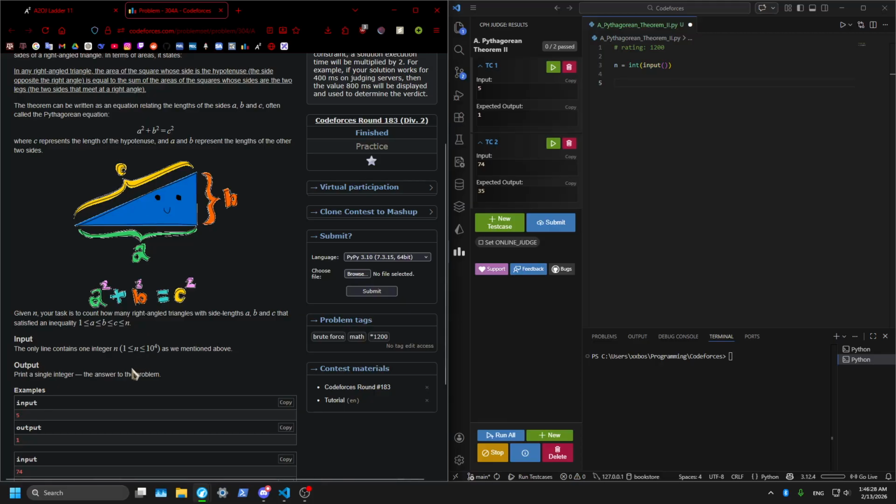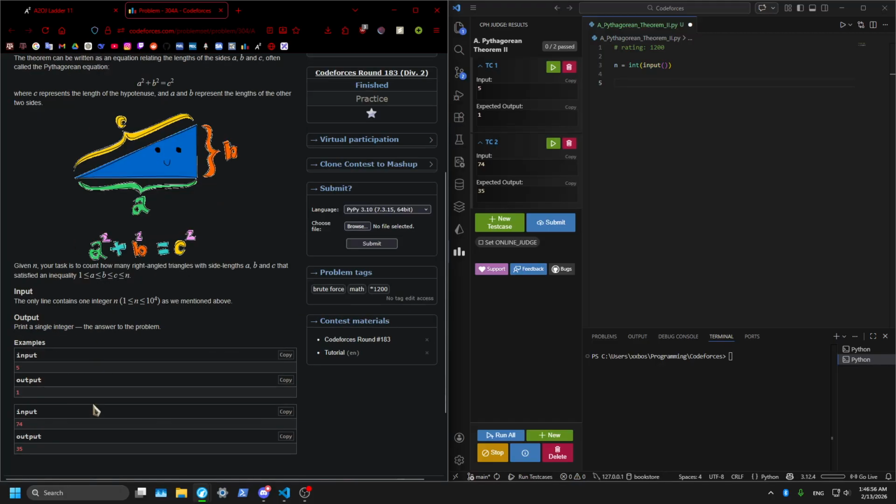Okay, so basically, how many triangles can you make where all side lengths are equal to or less than n? Right. And so for 5, there's the 3, 4, 5 one, that's the only one. I suppose we can't flip-flop them, right? Because of whatever they're saying here.